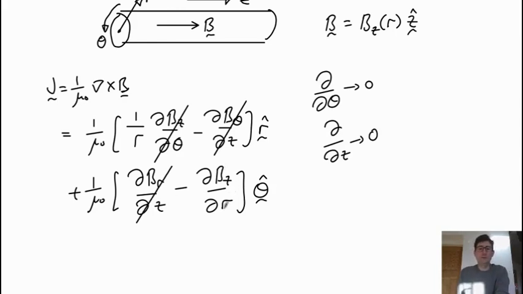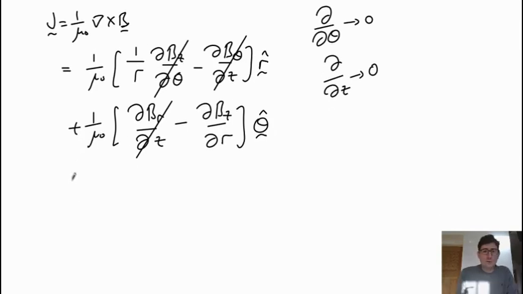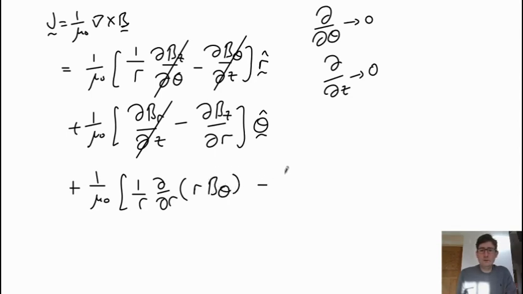Then we have the z component, which is 1 over mu naught times 1 over r d by dr of r B theta, minus 1 over r dBr by d theta, in the z direction.